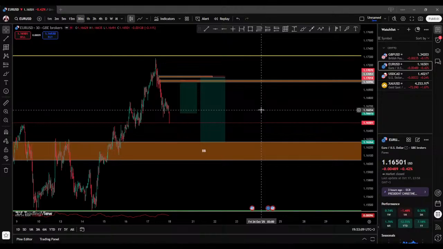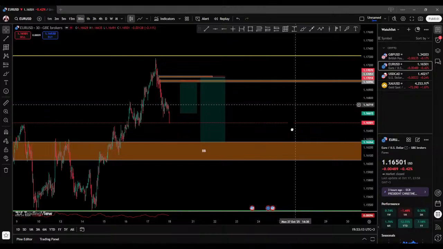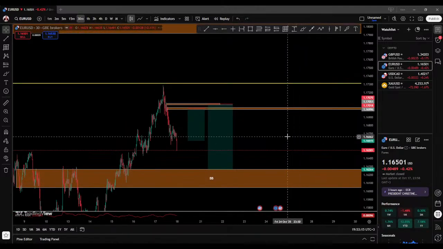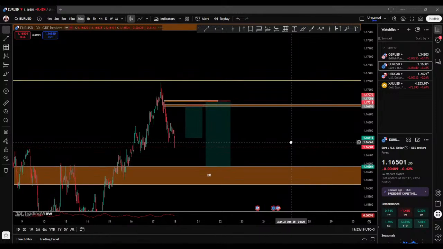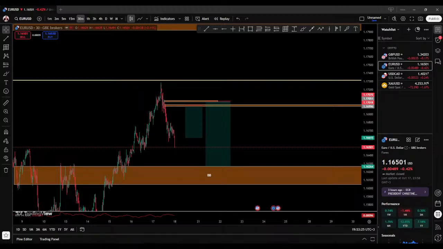So what other pair would you like me to do a top-down analysis on? I think those two are even enough. But in case you trade any other pair, what other pair do you think we can do a top-down analysis on?